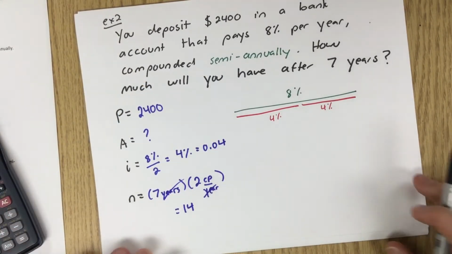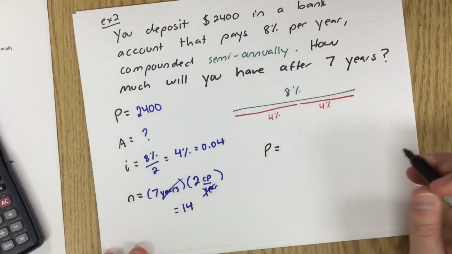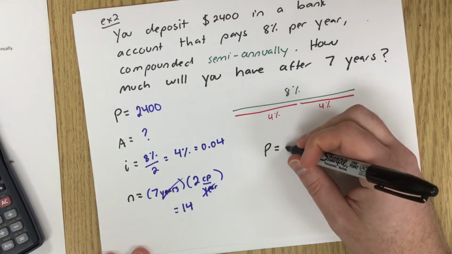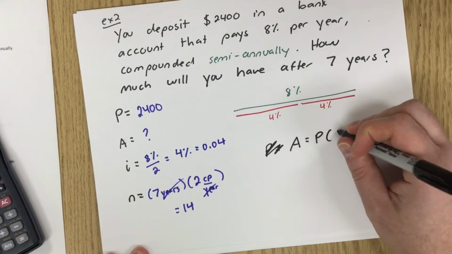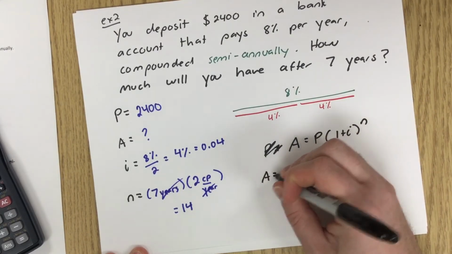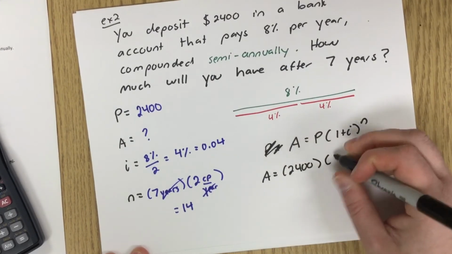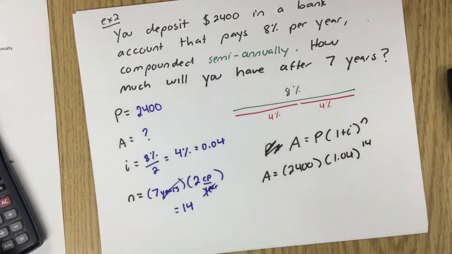And then we happily go and plug in our formula. A equals P times (1 plus I) to the N. So A equals 2,400 times 1.04 to the 14.